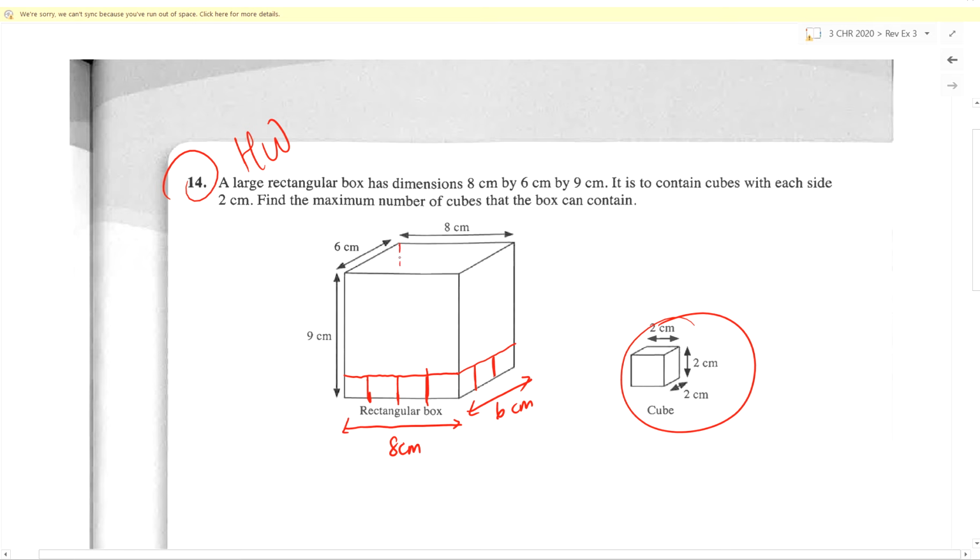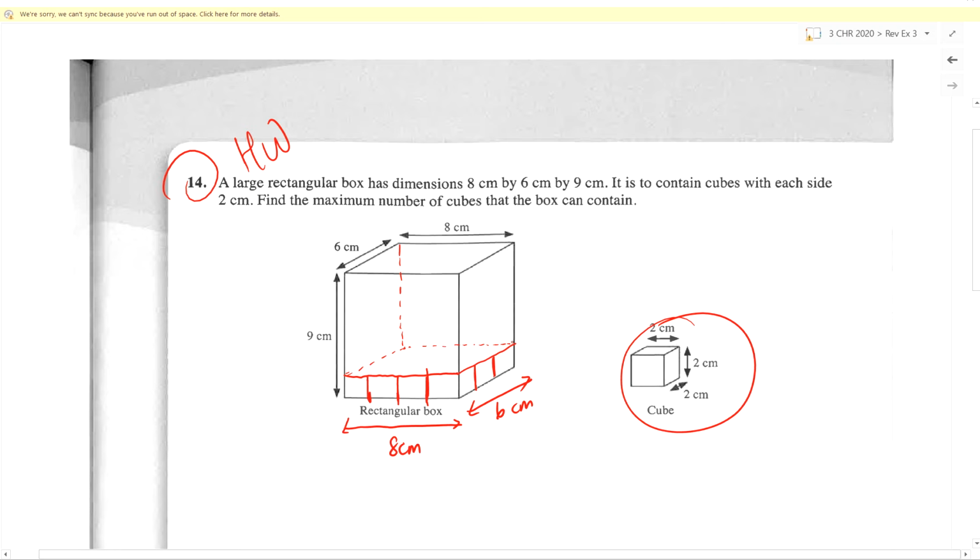Let me draw in the dotted line to show you what's actually happening. Does my diagram make sense to you?